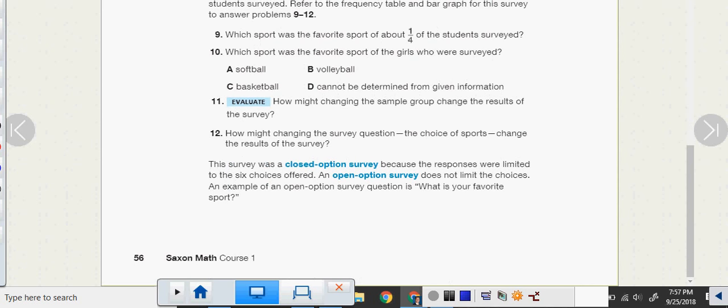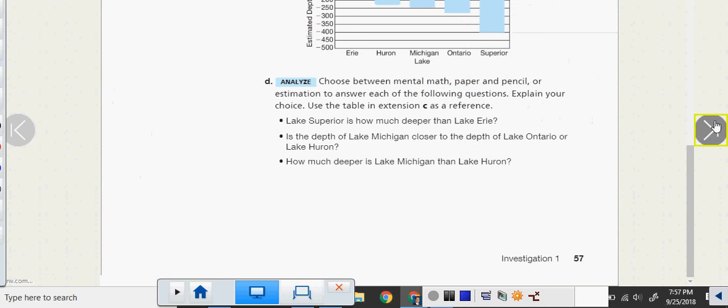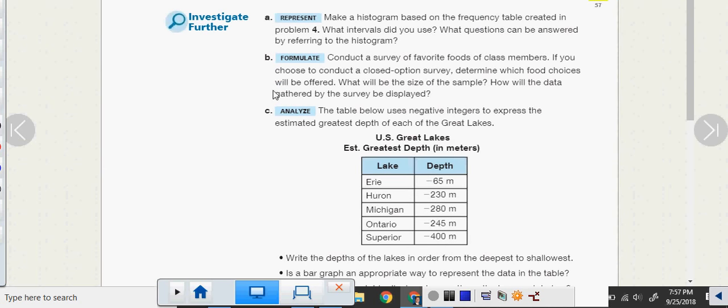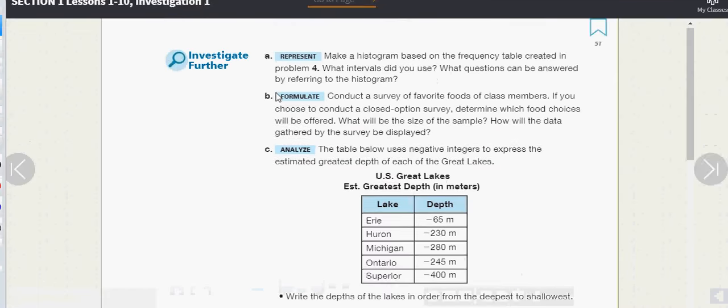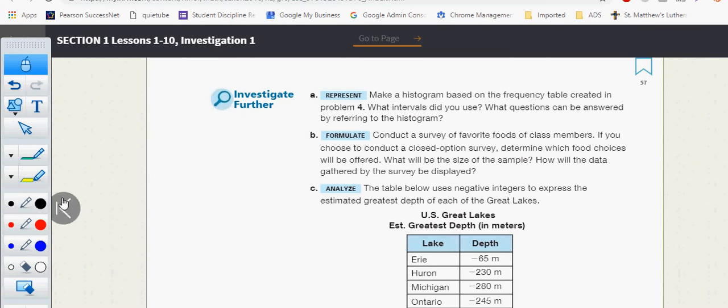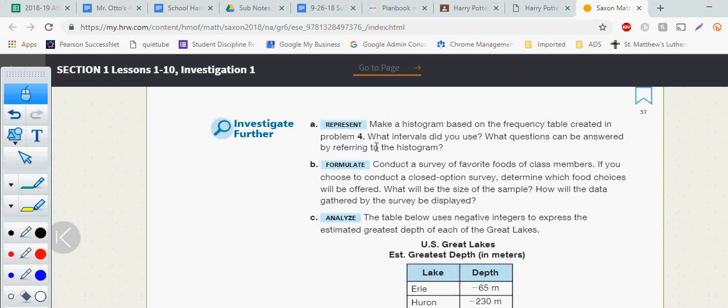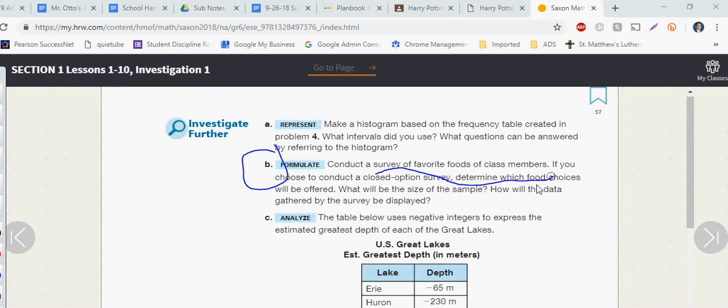Read to yourself what a closed versus open option survey is. Basically, closed option, you give all the options and they can't pick their own. Now, I love these investigate further questions. So I'm thinking letter A. No, not letter A. Letter B. I want to do letter B here, where you're conducting a survey of favorite foods of class members.